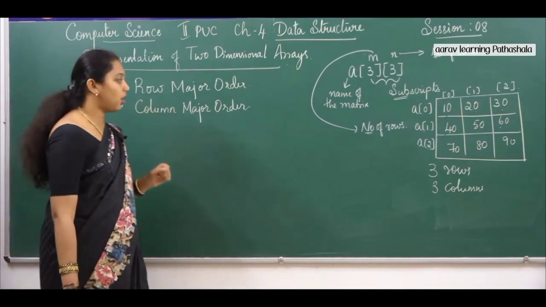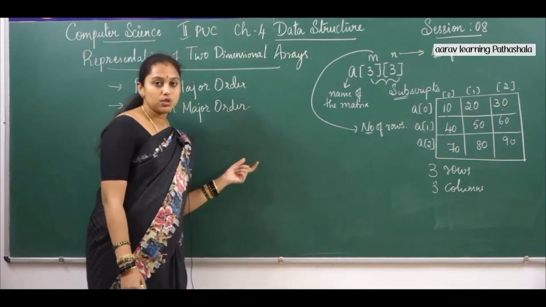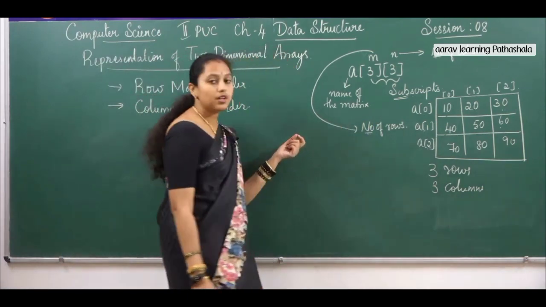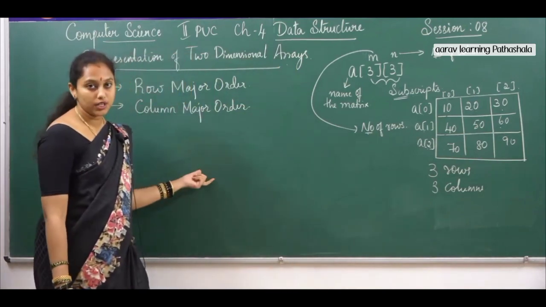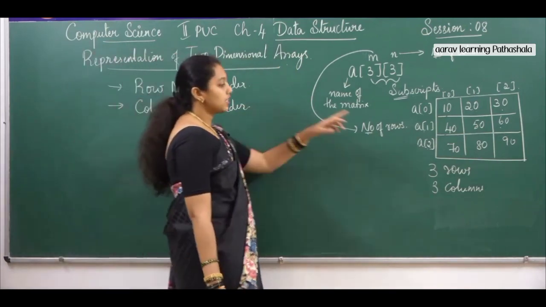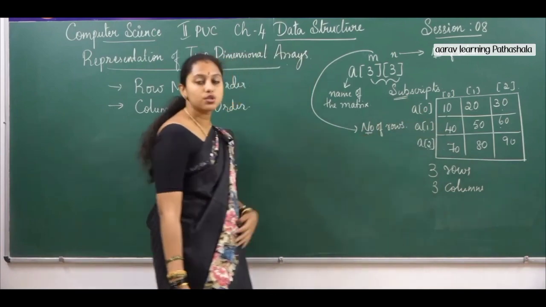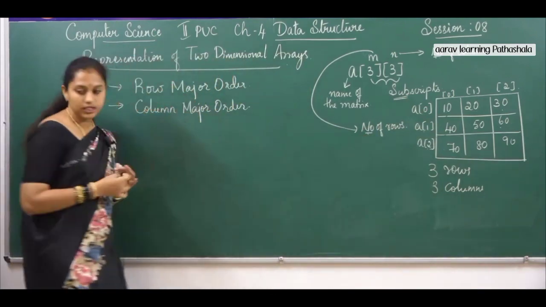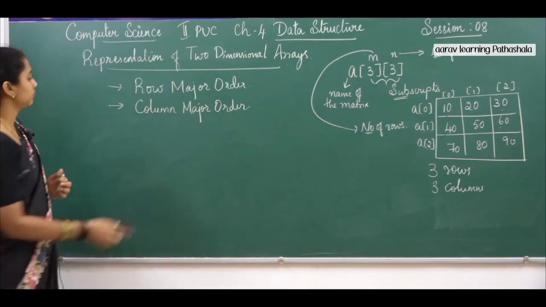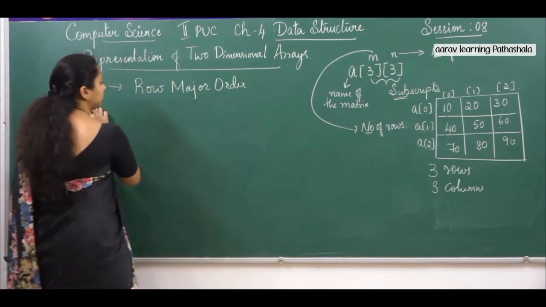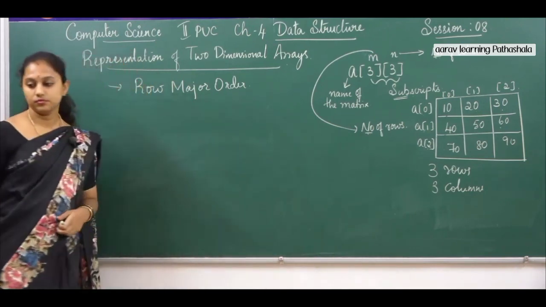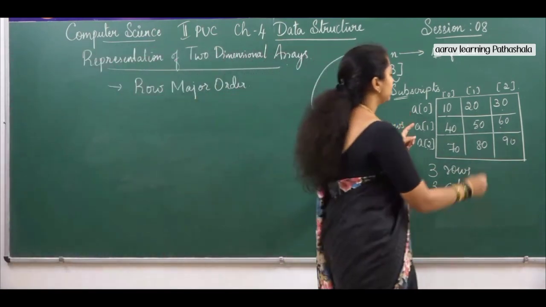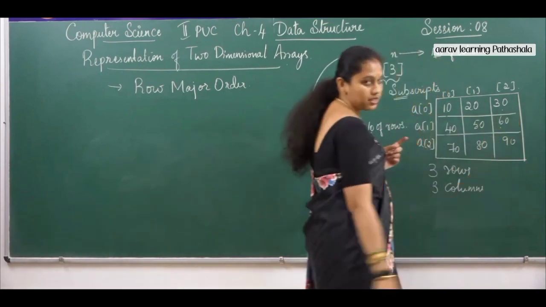In row major order, the elements of the first row are stored in contiguous memory locations, then the second row elements and so on. So in row major order, we are going to store the first row elements.